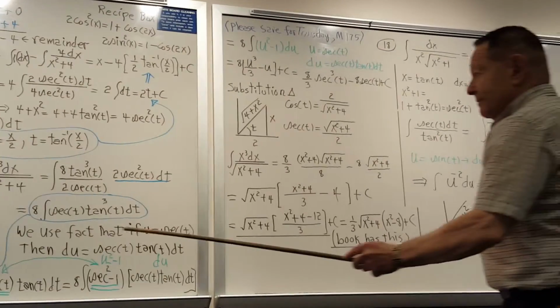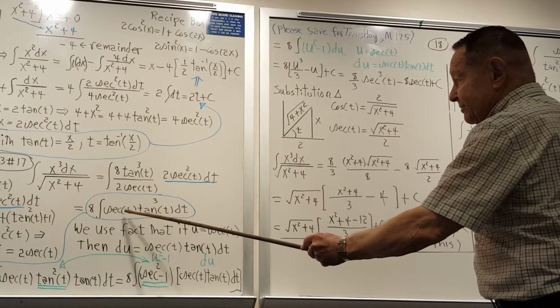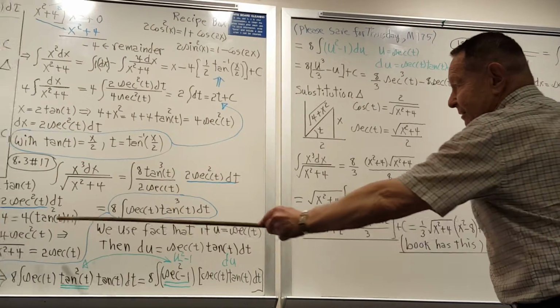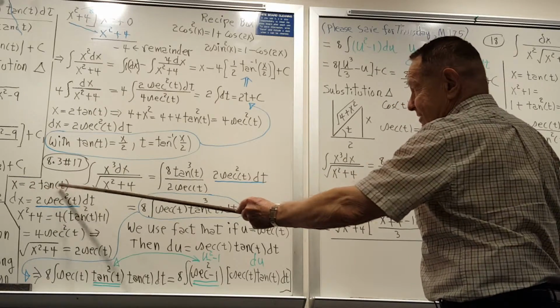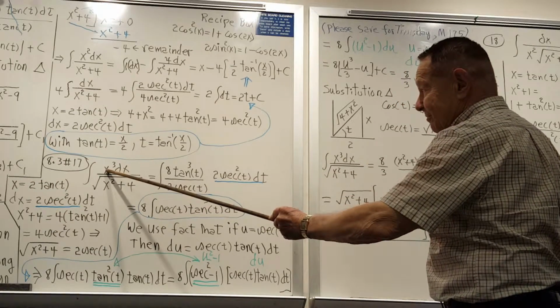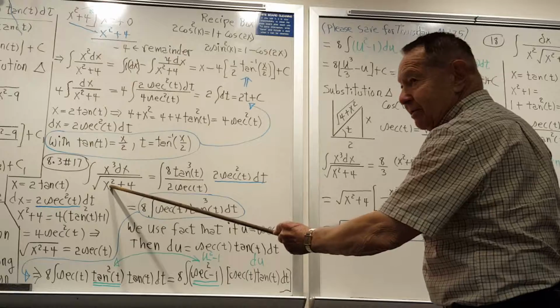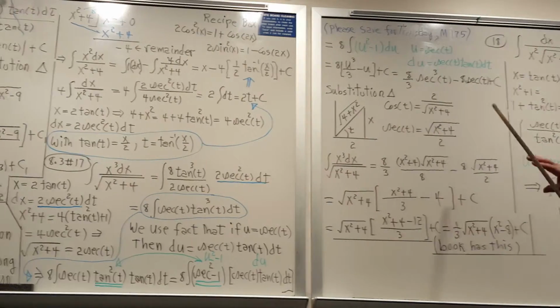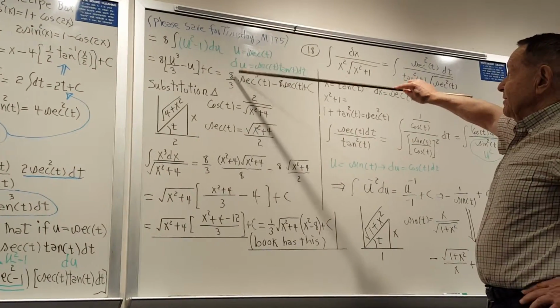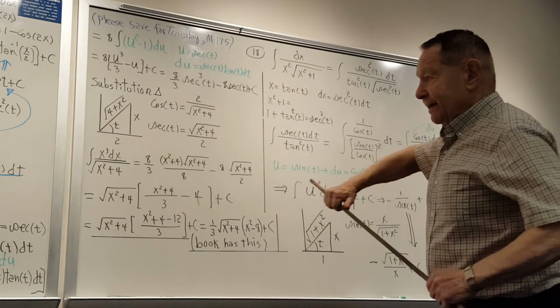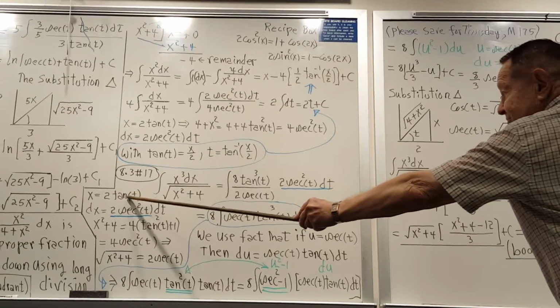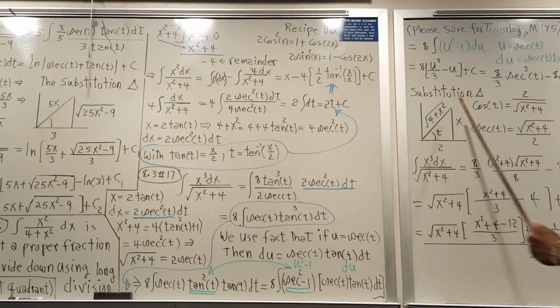And I had got into secant and tangent by making that substitution that x was 2 tangent to get from here because of the square root sign. So I still have to get back to x, where I had let tangent t equal x over 2.